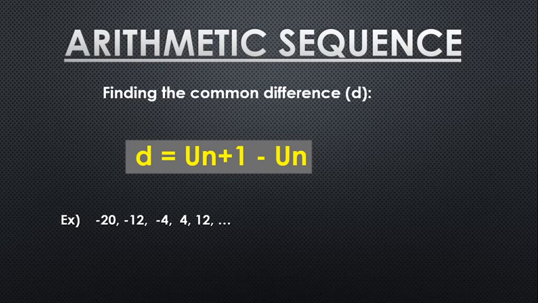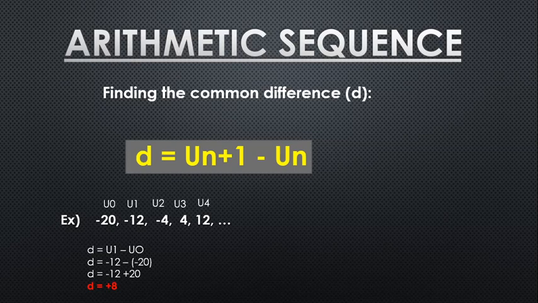This formula looks complex. Don't worry, I'll make your life much easier. First of all, let's name the terms as we agreed. For example, I'm going to call the first term u0. The second term will be u1. The third term will be u2, and so on.